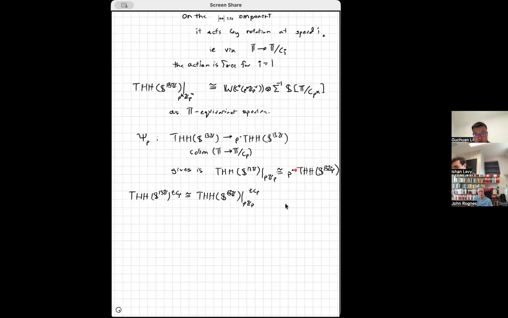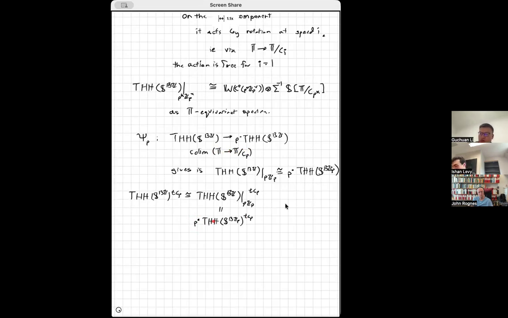But now if you restrict to pZ_p, we saw over here that that's the same as p upper star of THH of S to the BZ_p. But p upper star of any circle equivariant spectrum has a trivial C_p action, because you're pulling back along this map, and the cyclic group of order p is in the kernel of that map.